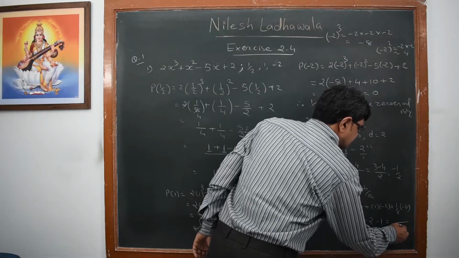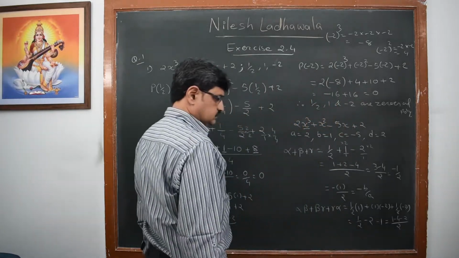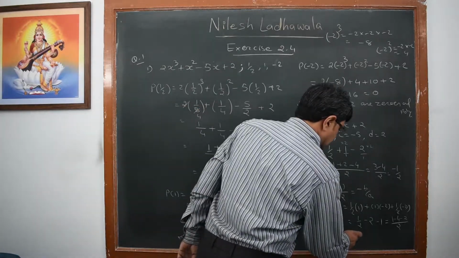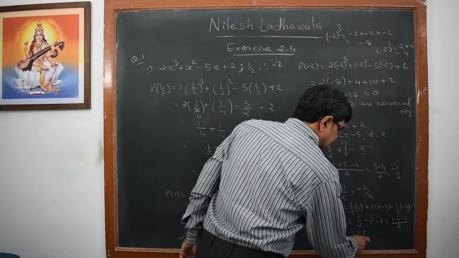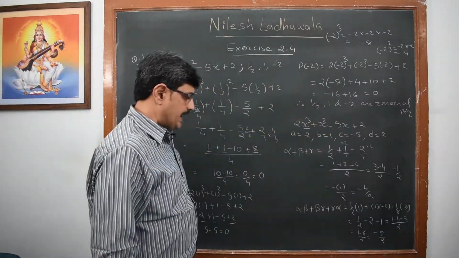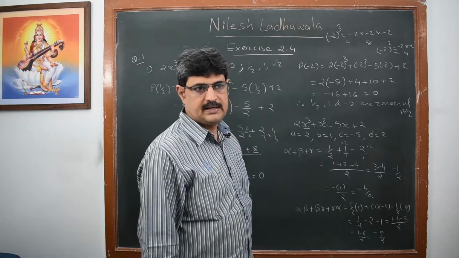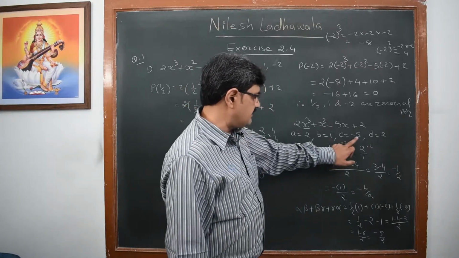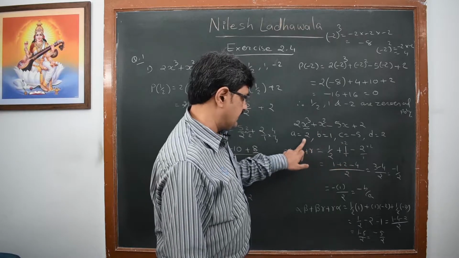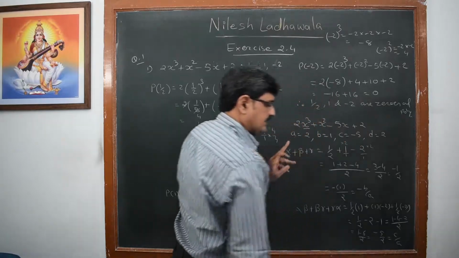Again we will take LCM as 2, so we have 1 minus 4 minus 2, that is equal to 1 minus 6 upon 2, that is minus 5 by 2. Now we have to check if alpha beta plus beta gamma plus gamma alpha is equal to C by A or not. So here we have the value of C as minus 5 and the value of A as 2. So I can write it as C by A.